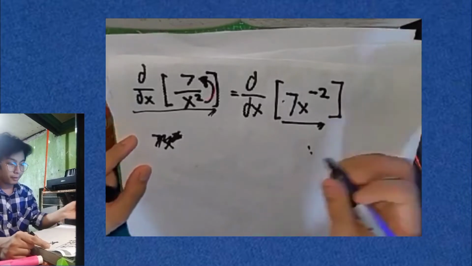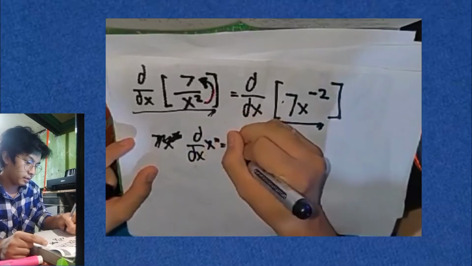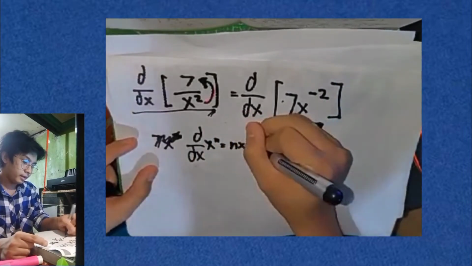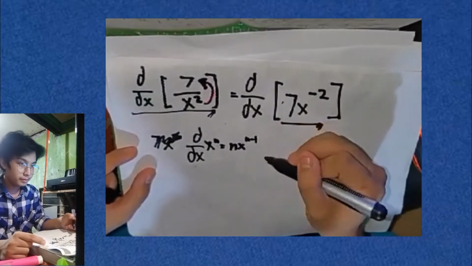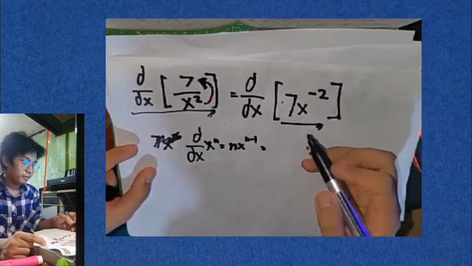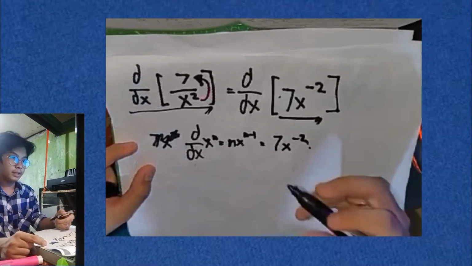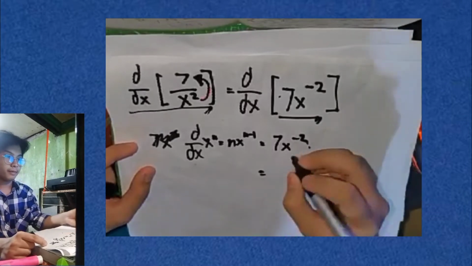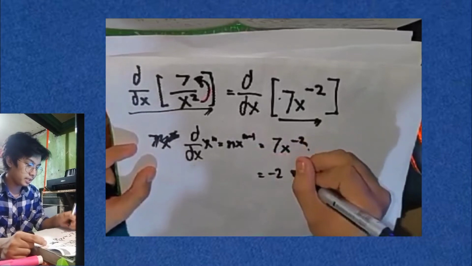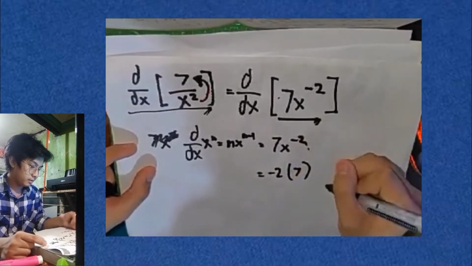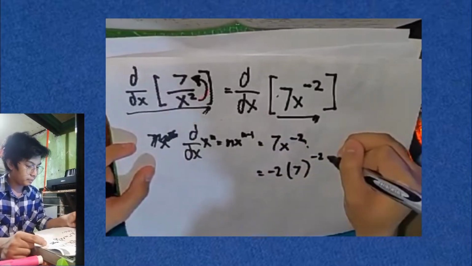We perform the power rule again, which is d over dx of x to the n equals n times x to the n minus 1. Then substitute everything, and we will write this 7x raised to negative 2. Then equals, so what is our n? Negative 2. Negative 2 times 7. Then n minus 1 is negative 2 minus 1.